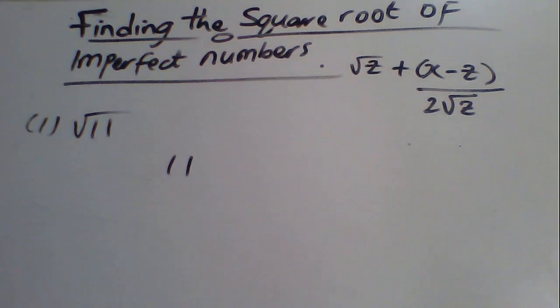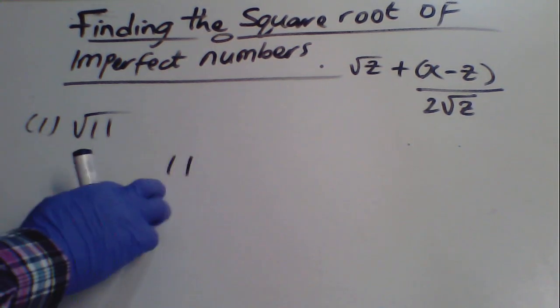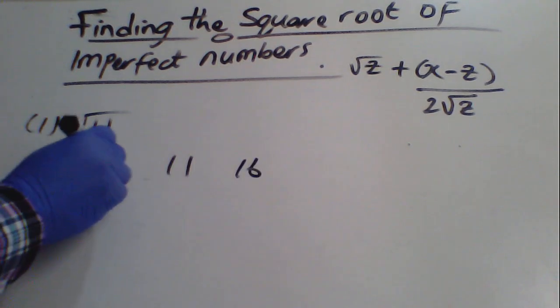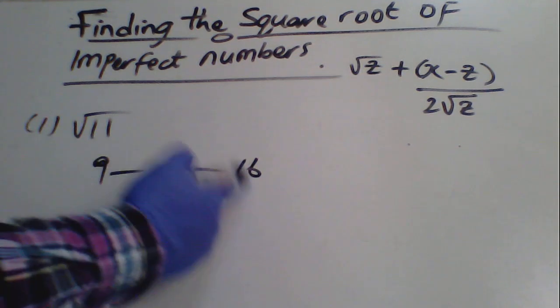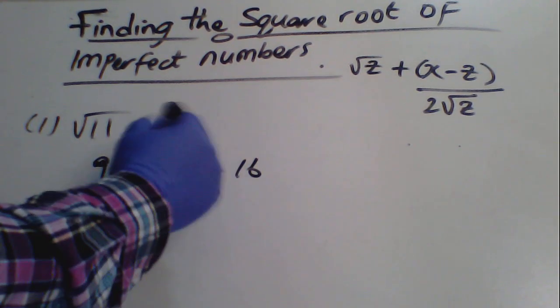Since z is the closest perfect number that will give us a perfect square, which number is closest to 11 that will give us a perfect square? We have 16 here and we have 9. How many will you move to the right?